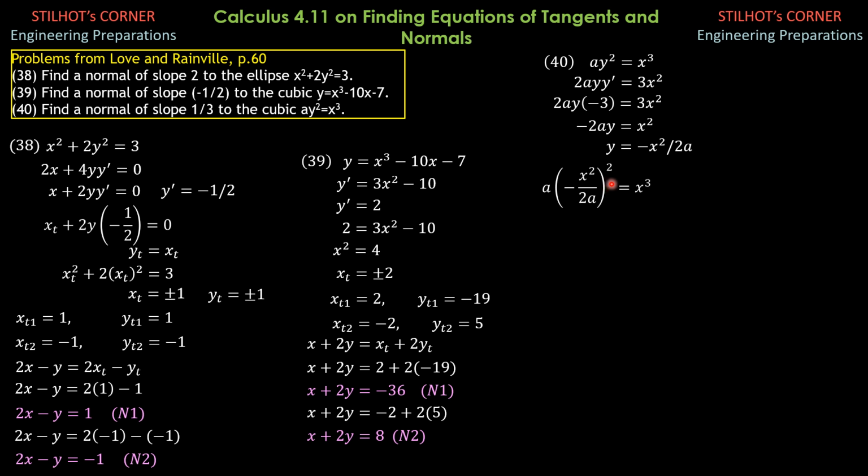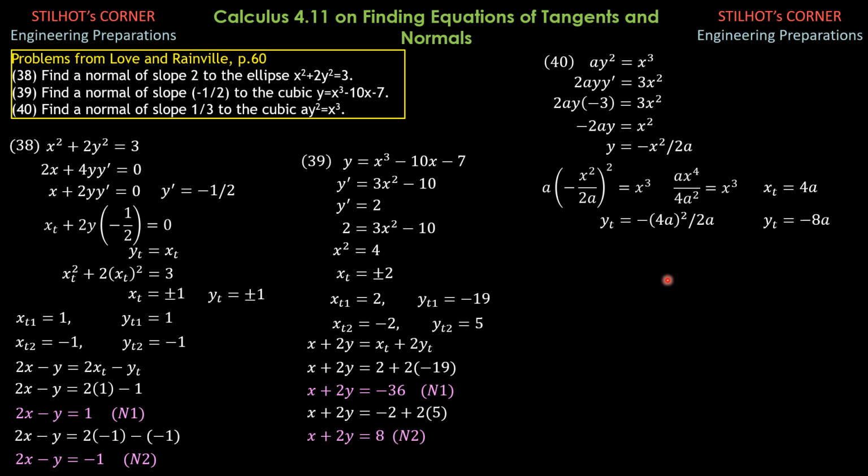But we can cancel x cubed, so that means a x to the fourth over 4a squared equals x cubed. We cancel out a, so that means x is 4a. x sub t is 4a. When x sub t is 4a, substitute into this, so y sub t is negative of quantity 4a squared over 2a, which is negative 16a squared over 2a, so that's negative 8a. y sub t is negative 8a.